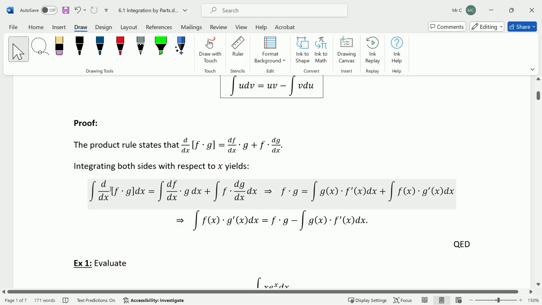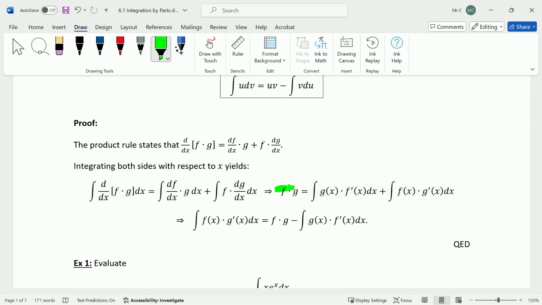Well, since here we're integrating the derivative of f times g, what do we get? We get just f times g, right? The antiderivative of the derivative is the function, so we get f times g. Now there is a constant involved here, but that constant is hidden in these integrals on the right side of this equation, so we don't have to worry too much about that until we've actually evaluated an integral.